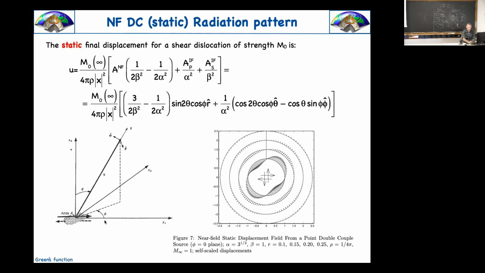For example, we can use this couple of angles telling how we are in this direction and how we are in this direction. So theta and phi, instead of describing the fault, they describe the position of the receiver respect to the fault. Sometimes this one is called strike receiver.